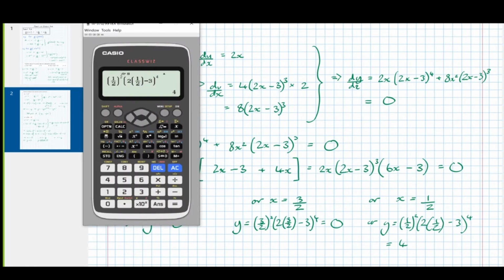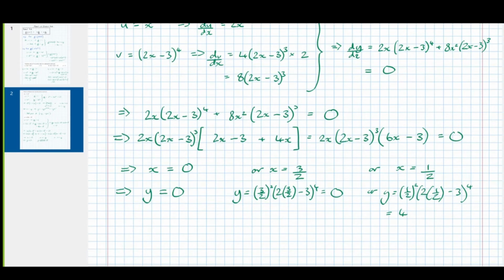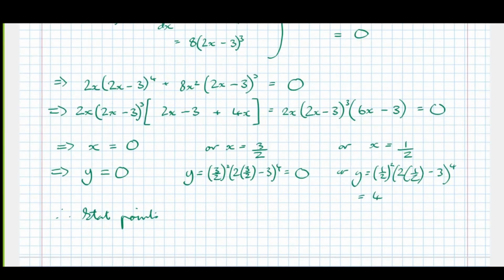There it is there. Okay, so conclude now. Therefore, stationary points at the origin, 3/2, 0, and 1/2, 4.